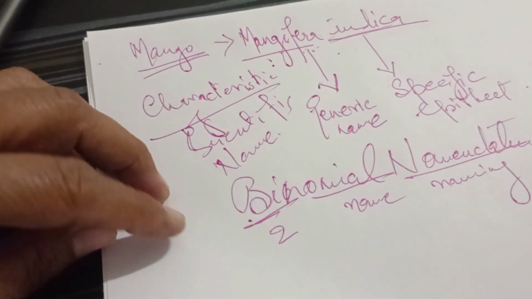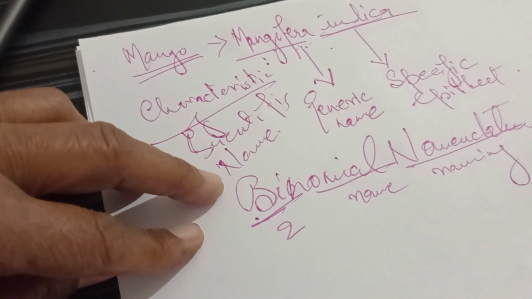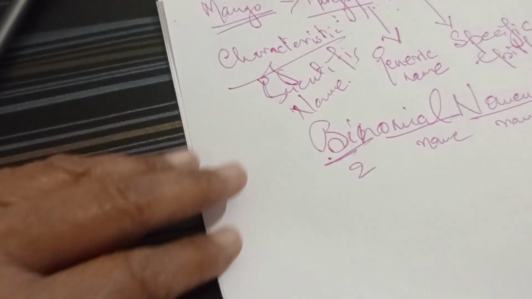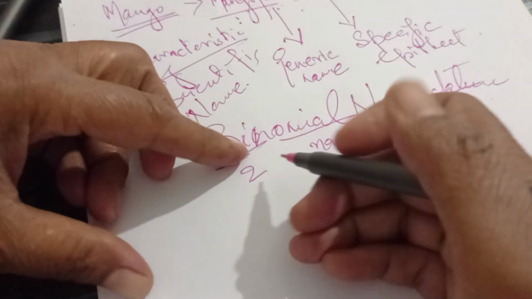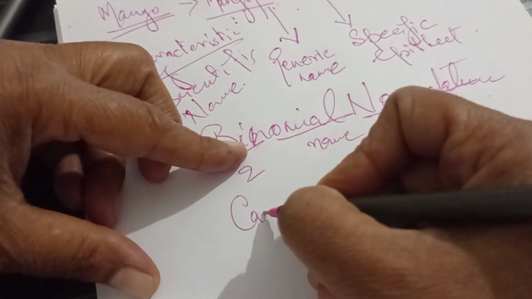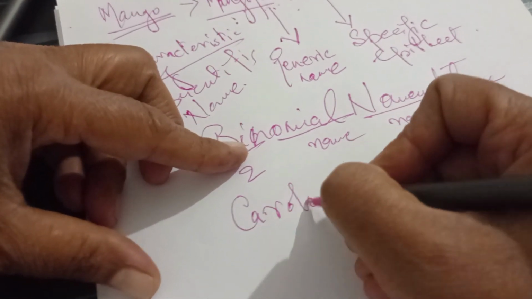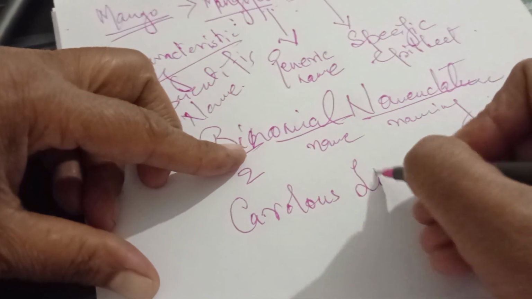This system of naming an organism, giving a binomial nomenclature, was given by the scientist Carolus Linnaeus.